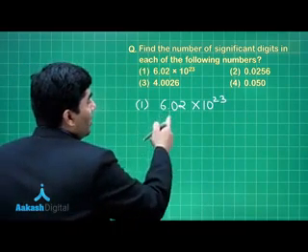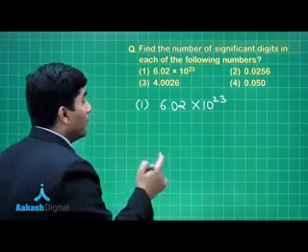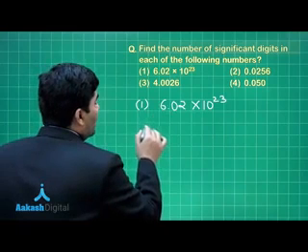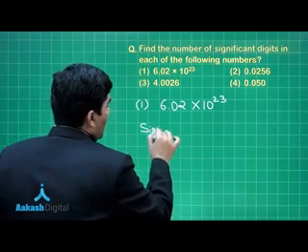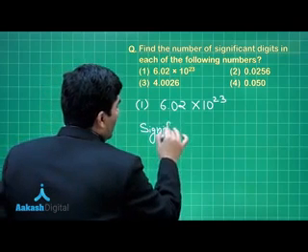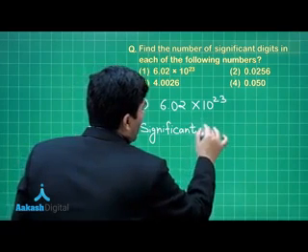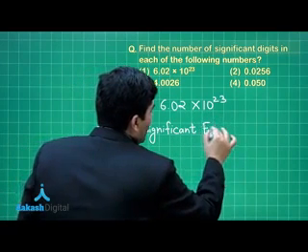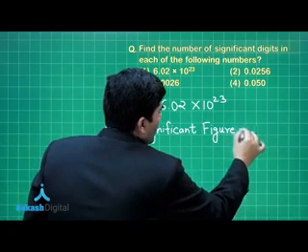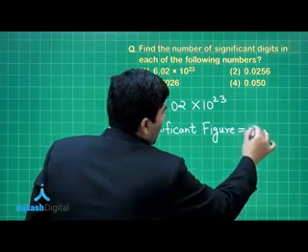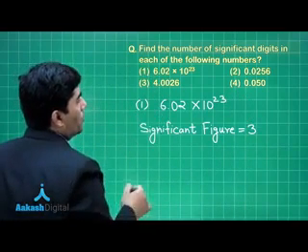Now in this, 0 is there in between two non-zero digits. Therefore, the total number of significant figures is equal to 3. This is the answer of the first option.